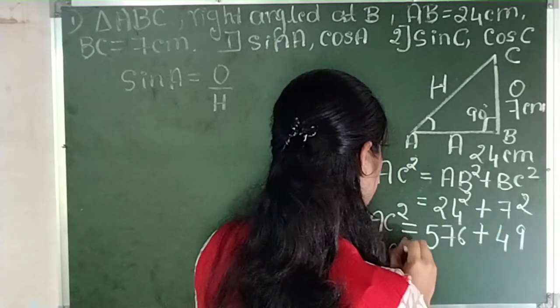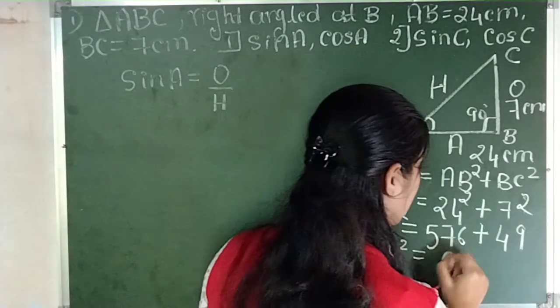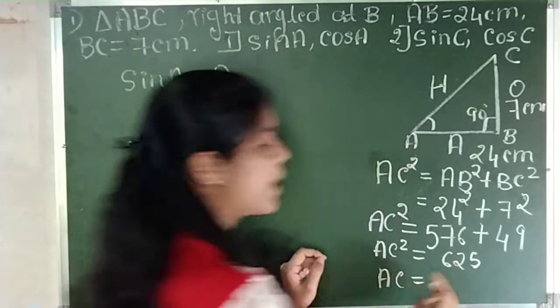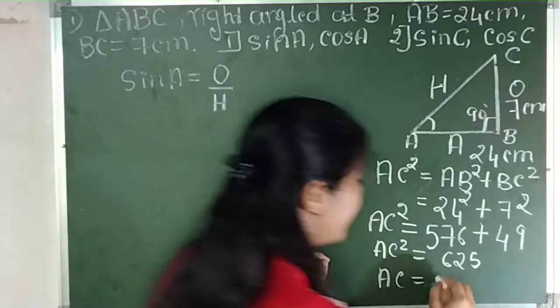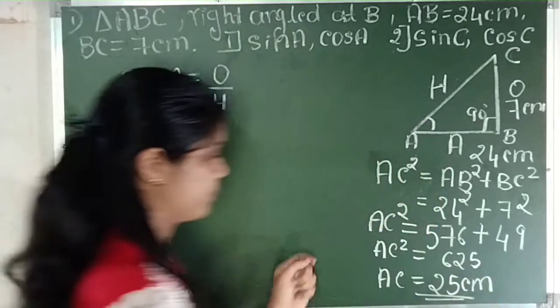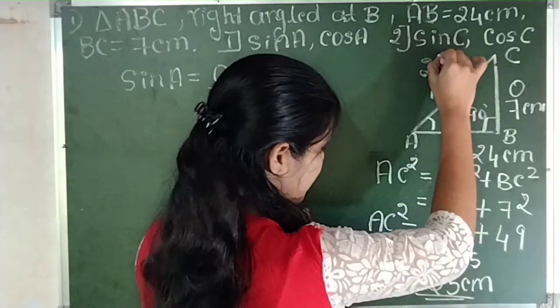So AC square is equal to 625. AC is equal to square root of 625, that is 25. The unit is centimeter.